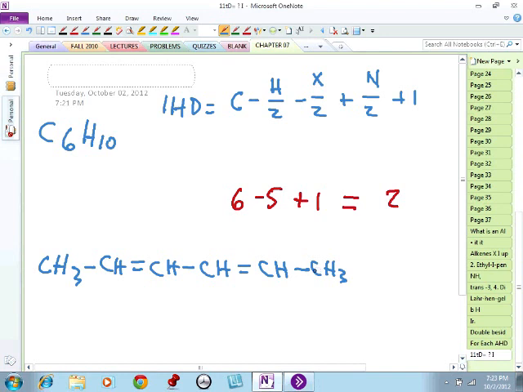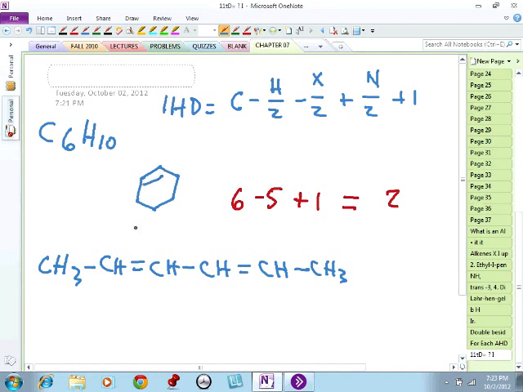Okay, but can you also give me something else? A double bond and a ring, right? You can also give me this, right? And what is missing? A double bond, exactly.